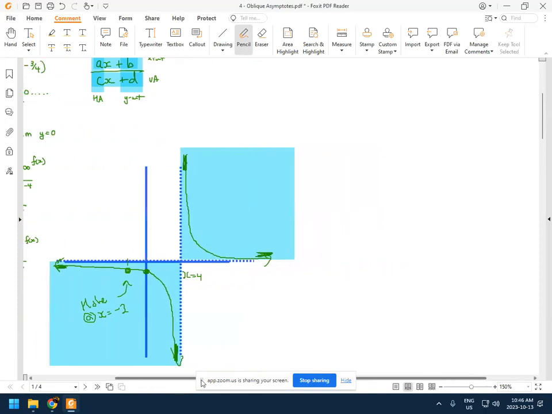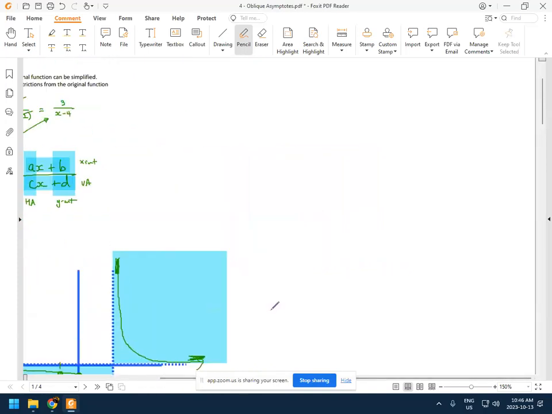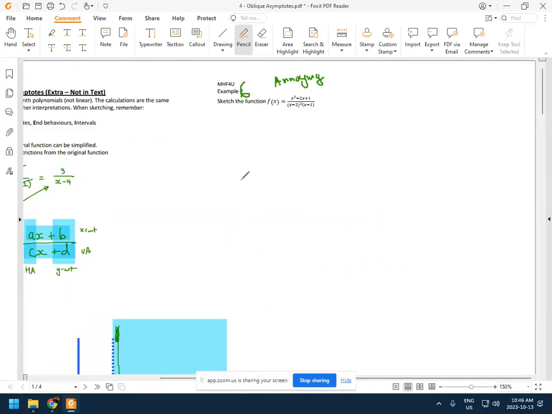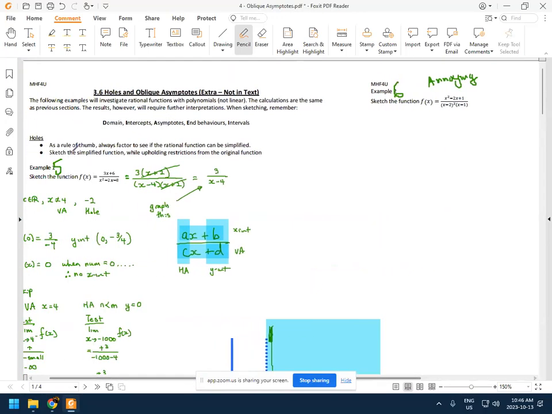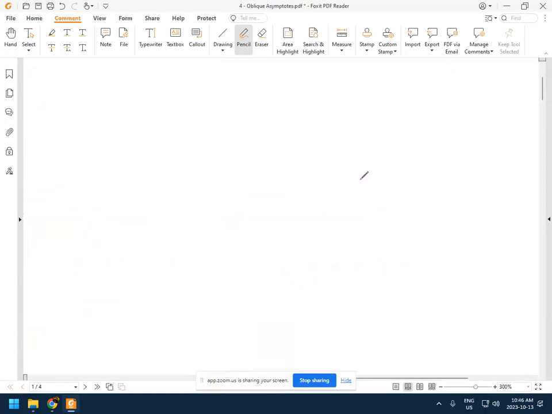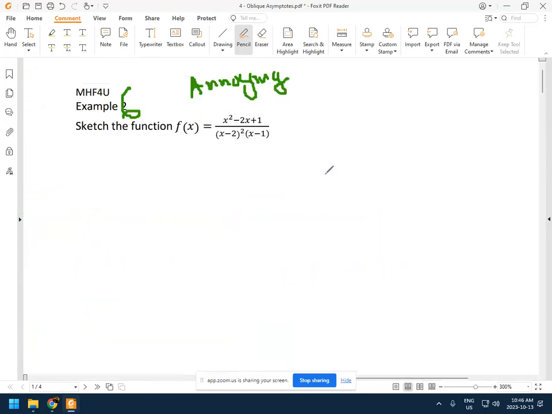Okay? But here's what I would recommend you always start your questions with. As always, please factor. And then I would ask you also to try to divide out your function, divide any x's out of your function so that you can use it for horizontal asymptote analysis. Okay? So if this was a question given to you, immediately factor.